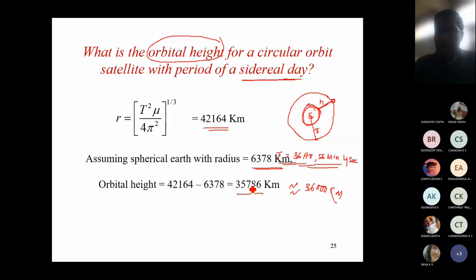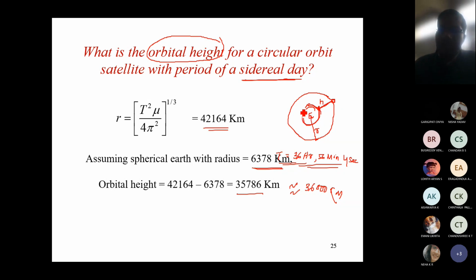That means when we talk about a satellite which completes 360-degree rotation in a time of 23 hours, 56 minutes and 4 seconds, at the same time, any point on the Earth's surface takes the same time to complete 360-degree rotation. That means the satellite and this particular point are relatively stable.